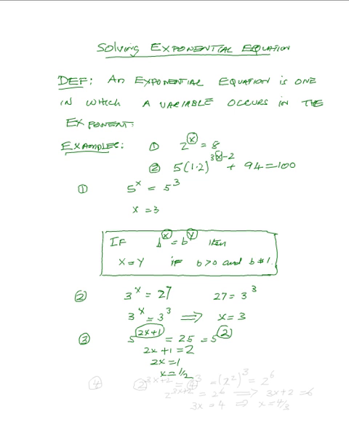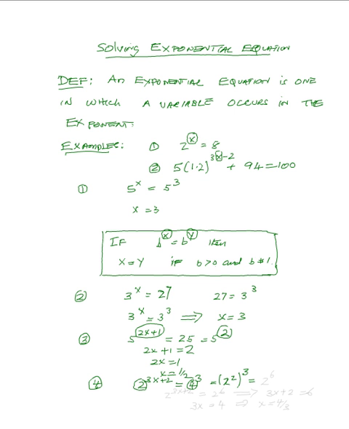Sometimes you will not have the same base, and you may have to use some properties of exponents. So let's look at the fourth example: 2 to the power 3x plus 2 equals 4 to the power 3. Here we don't have the same base. However, we can write 4 as 2 to the power 2, so it looks like 2 to the power 2, to the third.